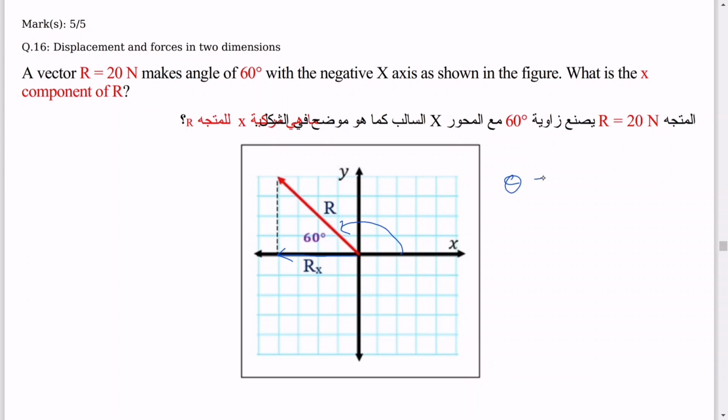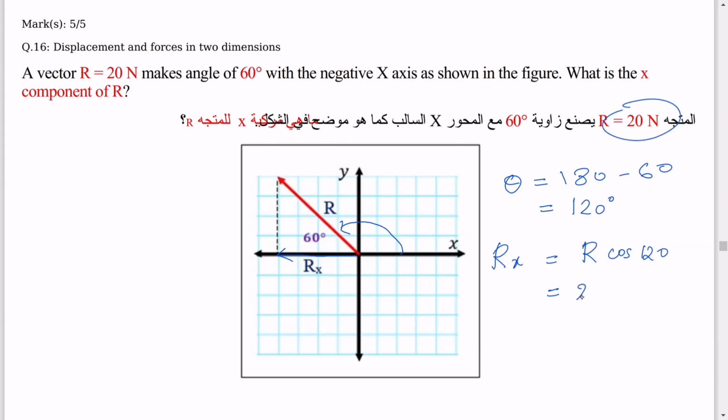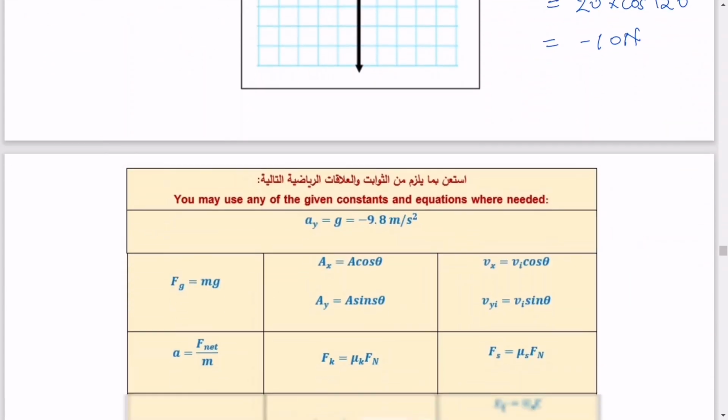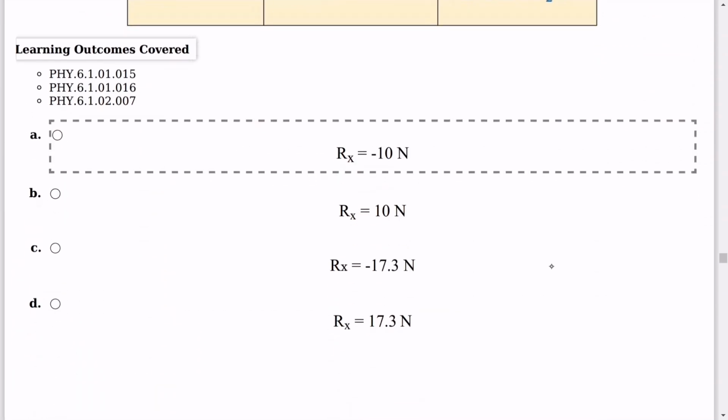So here angle theta equals 180 minus 60, which is 120 degrees. The x component is always cos theta, so Rx is equal to R cos 120. R is 20 Newton, right? So 20 multiplied by cos 120 equals negative 10. So negative 10 Newton is the x component.